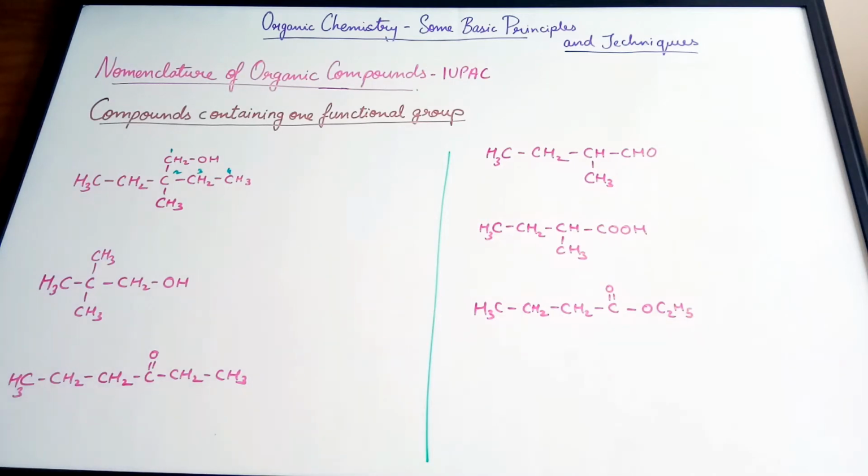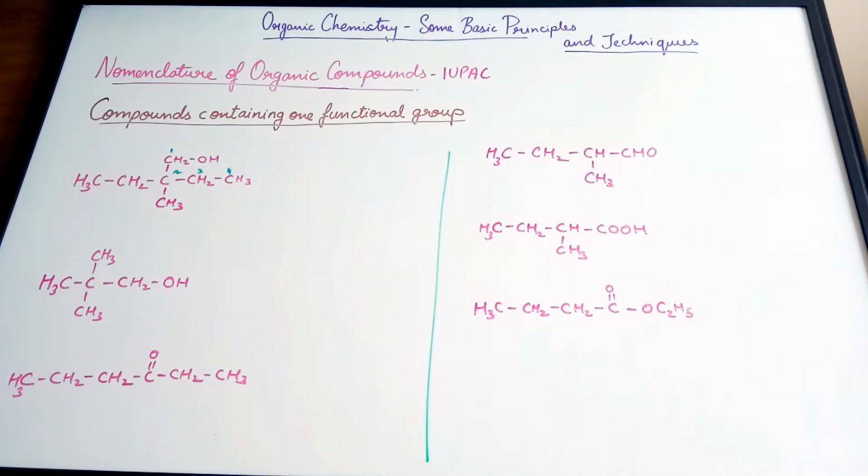Now, of course, like how we numbered the carbon chain for the branched chain alkanes, the substituents over here as well will get the least number. We need to number it in such a way that the substituents have the least number. And the side chains will be named in the same way as well.